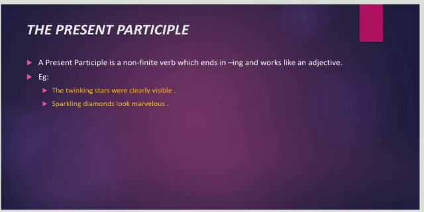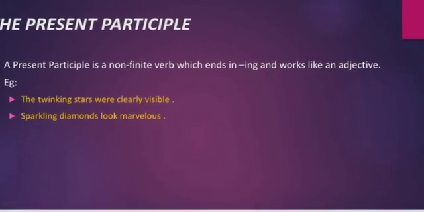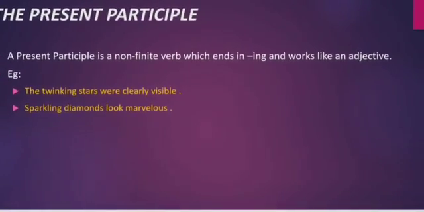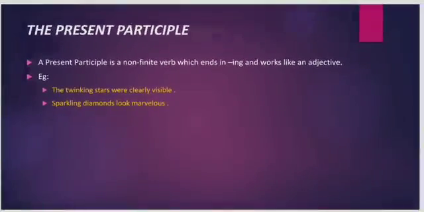For example, the twinkling stars were clearly visible. So the word twinkling, the word twinkle is a verb, but we are using it as an adjective. Sparkling diamonds.